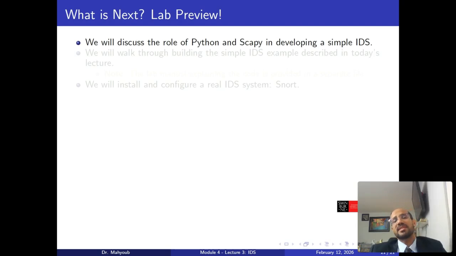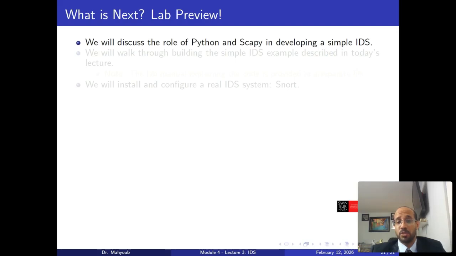Okay, what is next in the lab? As you may know, security concepts become clearer when we build and test them ourselves, hands-on. So in the lab, you will discover how Python and Scapy can be used to build a simple IDS that detects packet floods. The scenario that we have discussed today will be implemented in the lab.